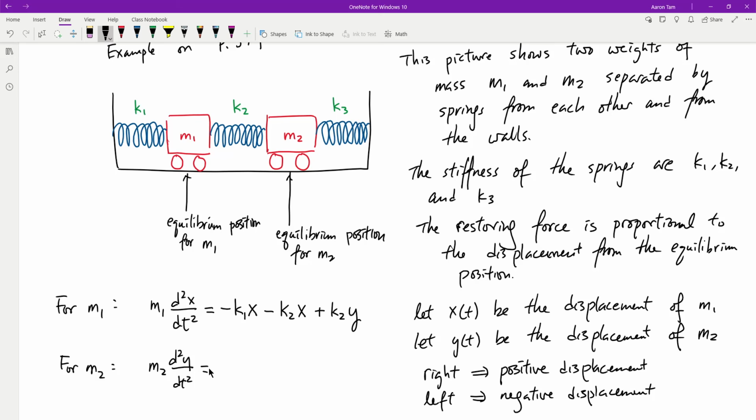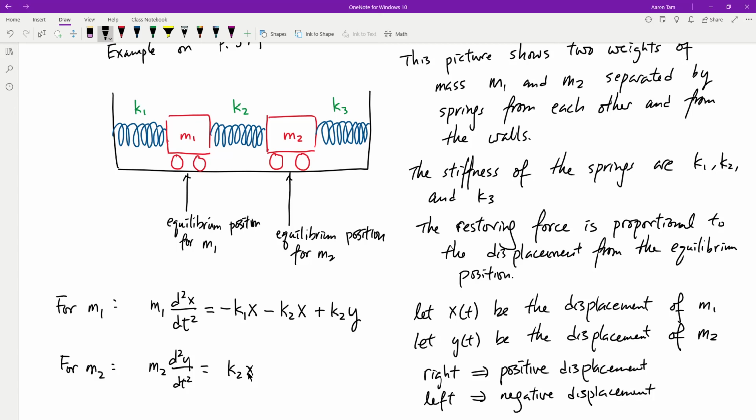First of all, notice that if m1 gets moved, it would drag along m2 with it because of the connection K2. So if m1 moved to the right, it would push m2 to the right also. They go in the same direction, so it would be K2x, that amount of force being applied.